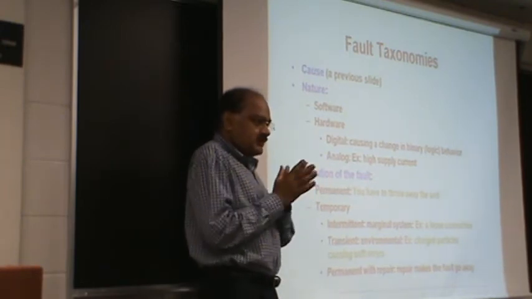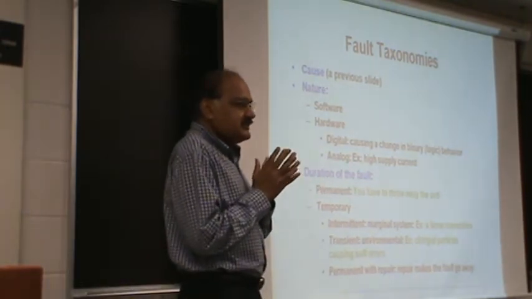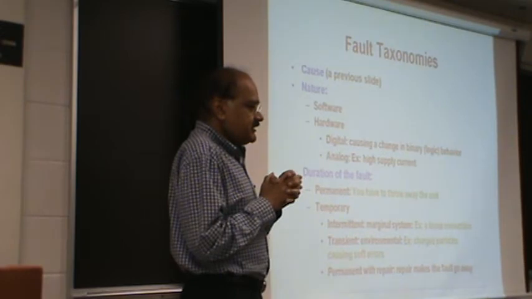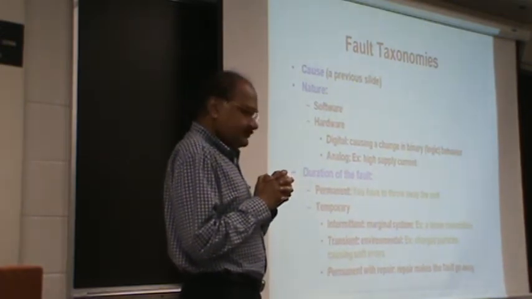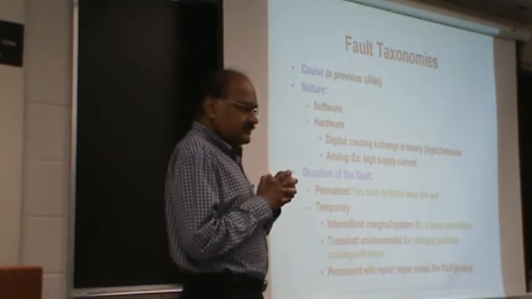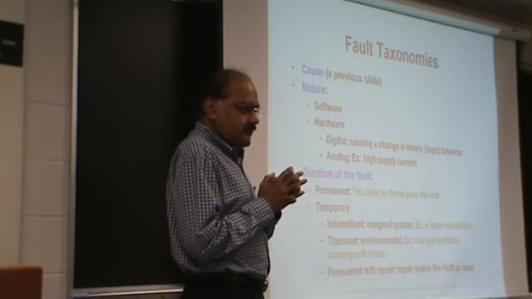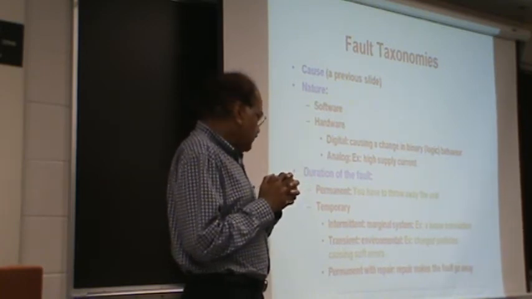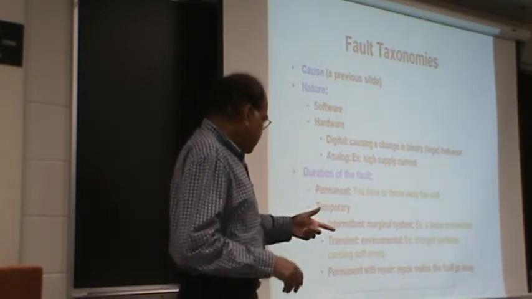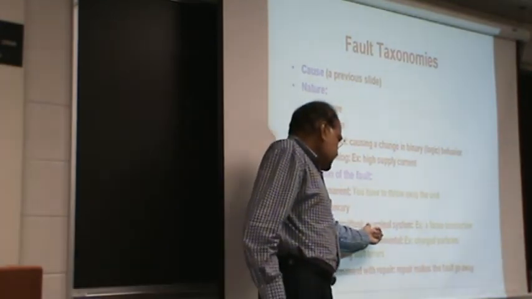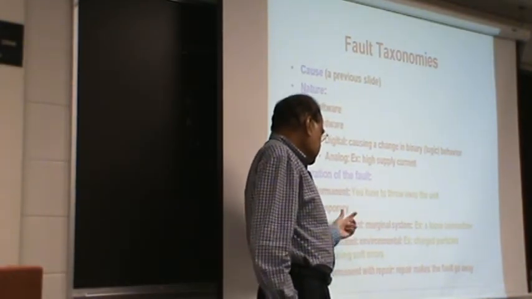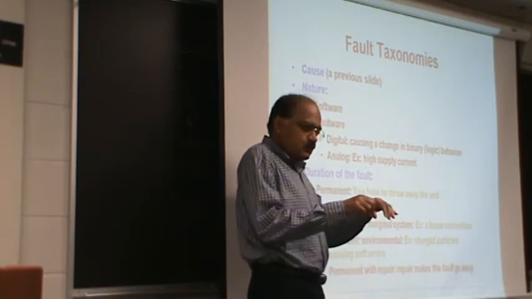You have come across these terms. Do you think they mean the same thing? Sometimes people use them interchangeably, but you could make a distinction. For marginal systems, you could use the term intermittent, maybe a loose connection.